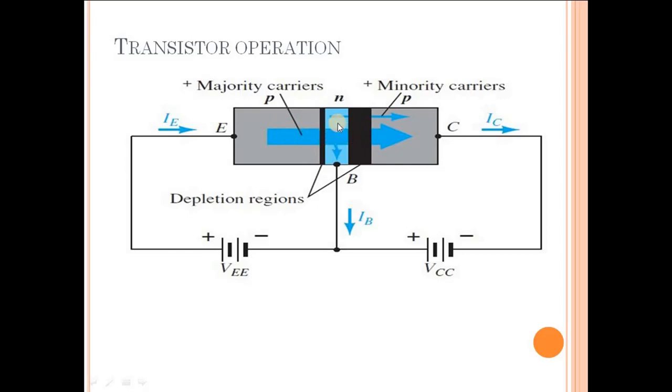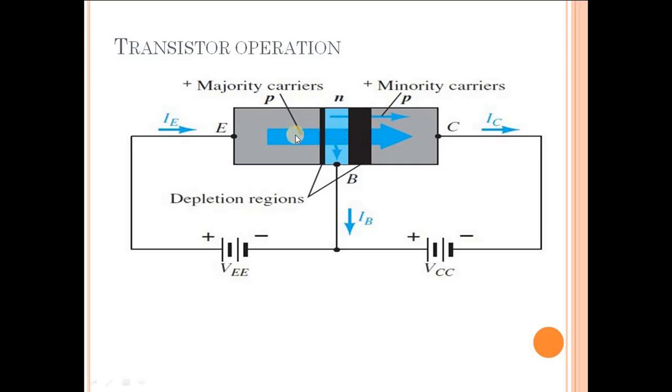same as the minority charge carriers in the N layer. So the majority holes which have moved to the N-type material will be treated as minority charge carriers, because in an N-type material the minority charge carriers are holes only.